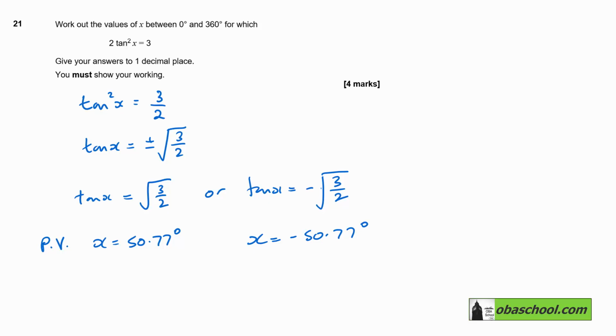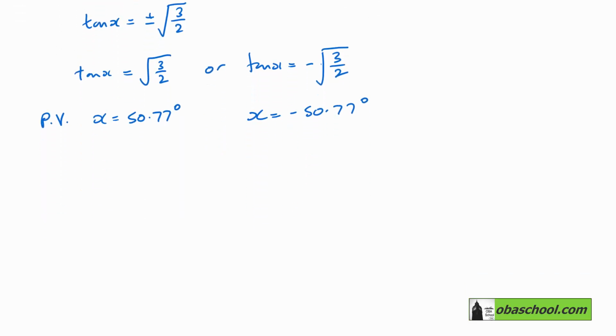Okay, so for this first one, we want values from 0 to 360. So I'm going to do a CAST diagram, 0, 90, 180, 270, and then round to 360. And remember, all sine, tan, cos.